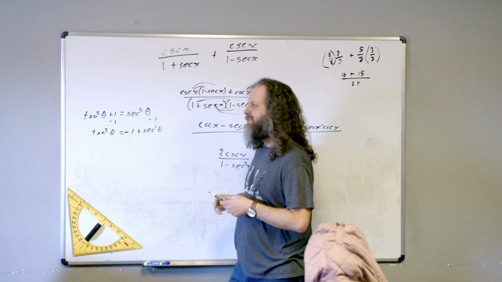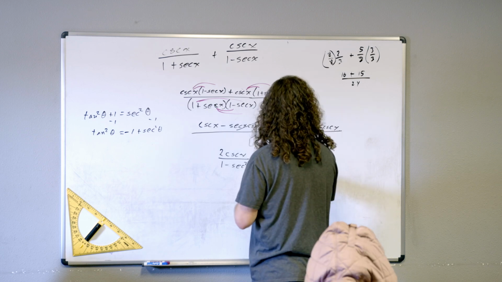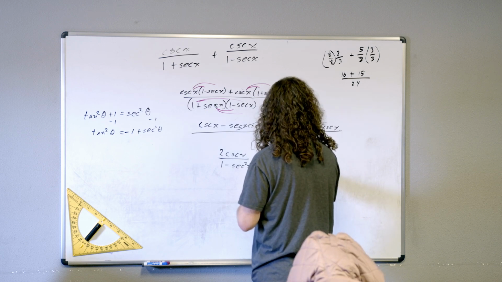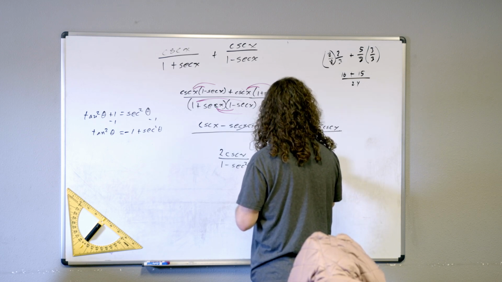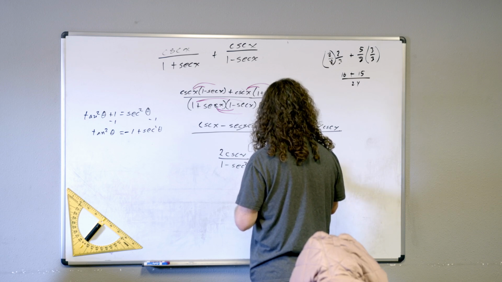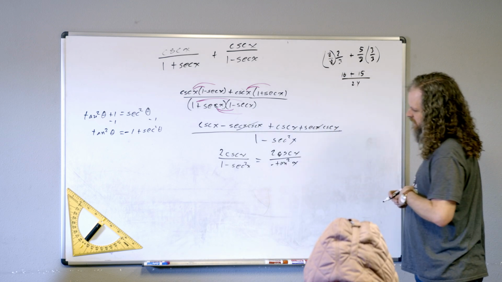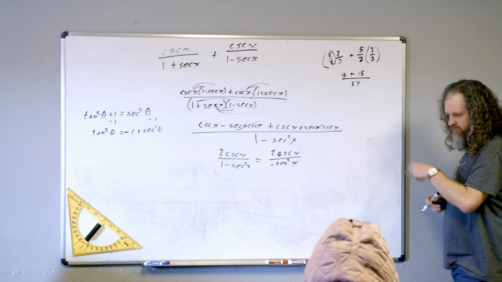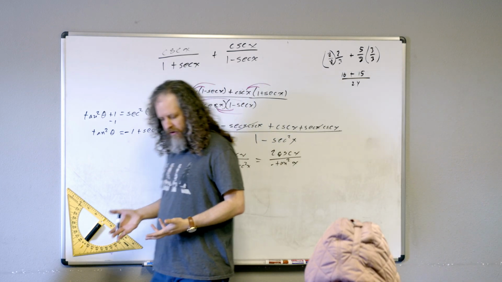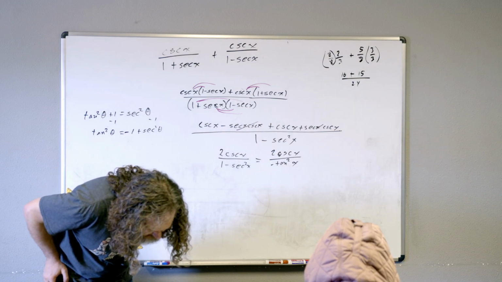So this is going to equal 2 cosecant x over negative, thank you, tangent squared x. Okay? So we could probably circle here, or see if this gives instructions or not.